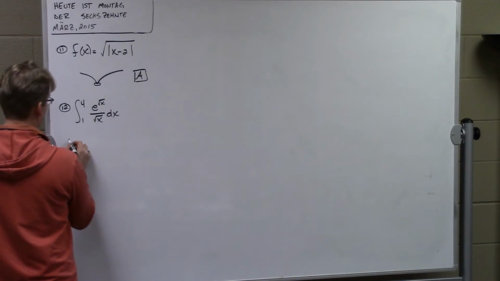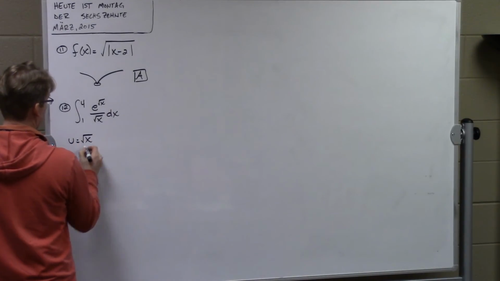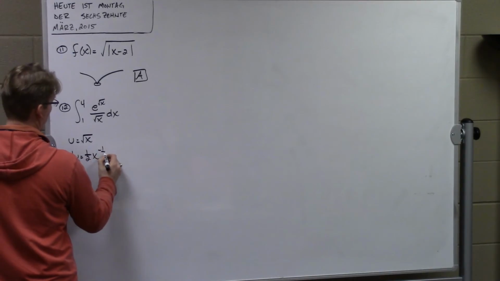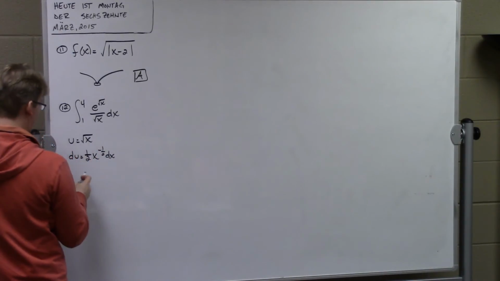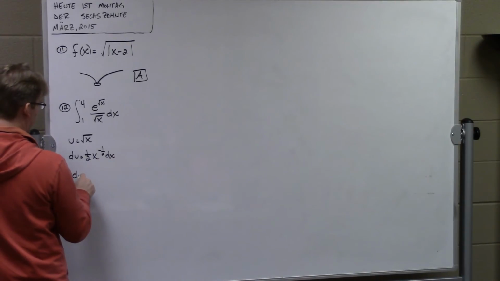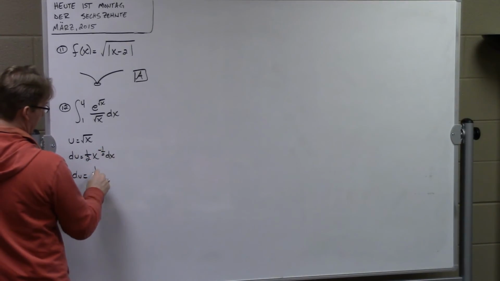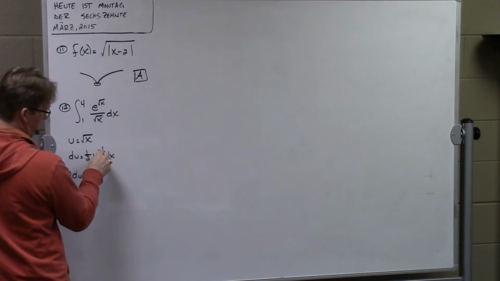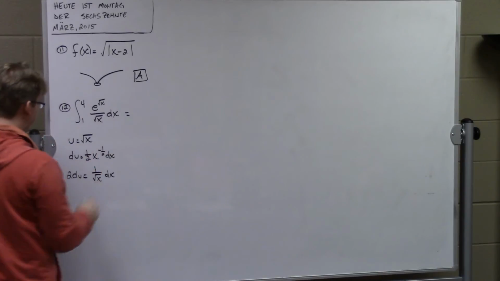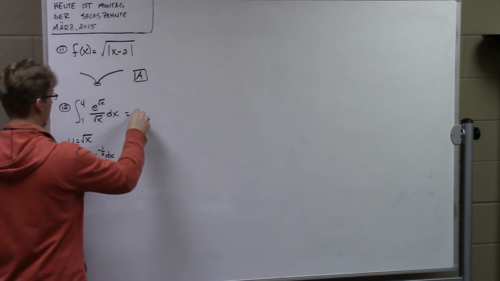Okay, so we're gonna let u be root of x. That's gonna make du 1/2 x to the negative 1/2 dx. You know what, I got most of that except for the 2, so 2 du. This is 1 over the root of x, if you bring that back to the bottom. All right, so here's what I'm seeing. 2 is going to come out front.